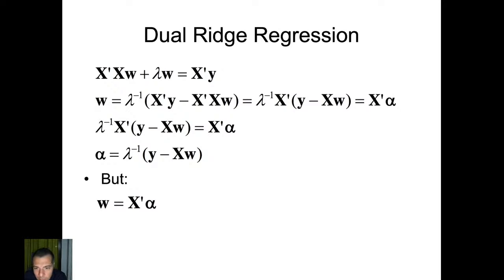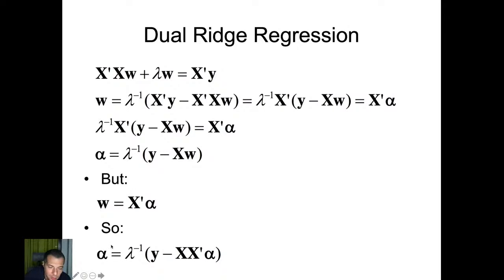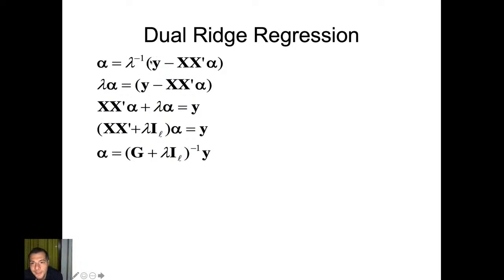So once again we replace w with this equation, and we have this equation that contains alpha and no w. What remains to do from this point is to make sure that alpha is only on one side of this equation. So we rewrite this equation on the next slide.